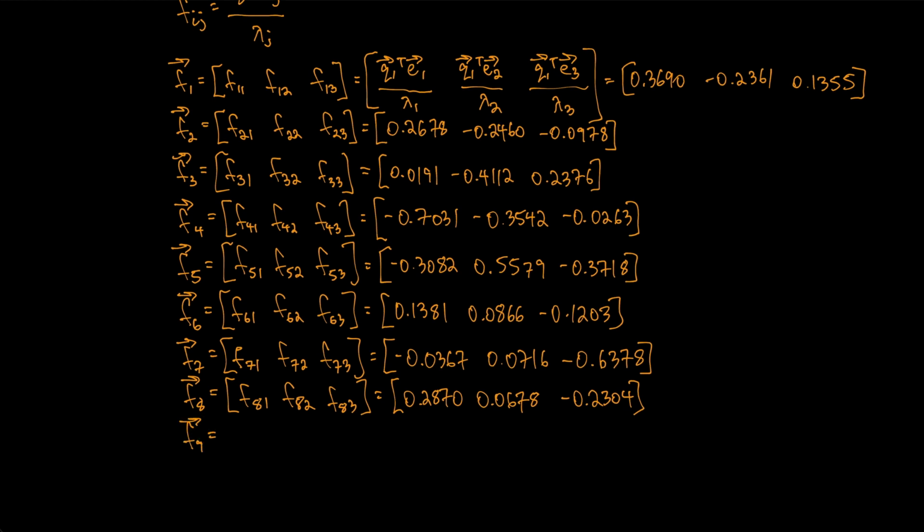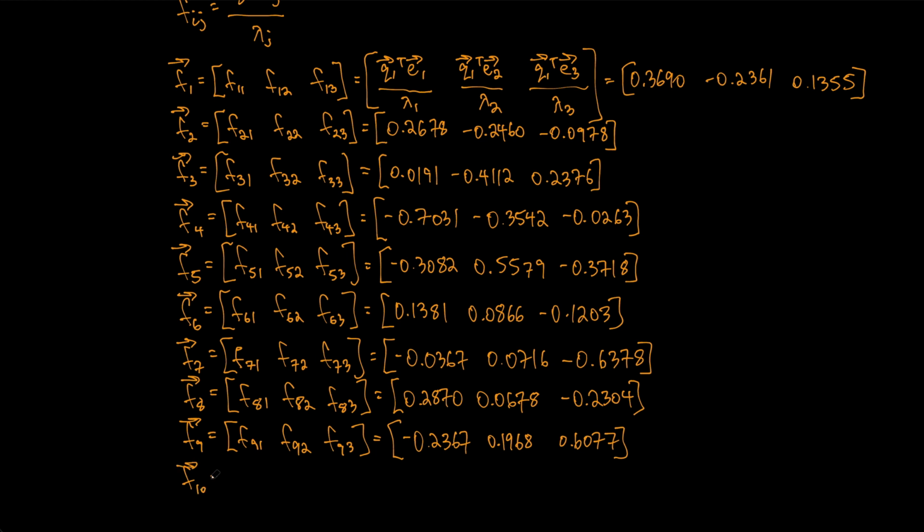For F9, we have F91, F92, F93, given by negative 0.2367, 0.1968, 0.6077.